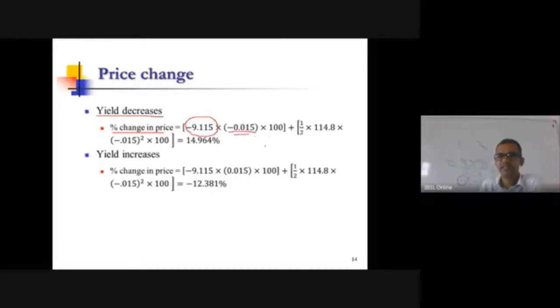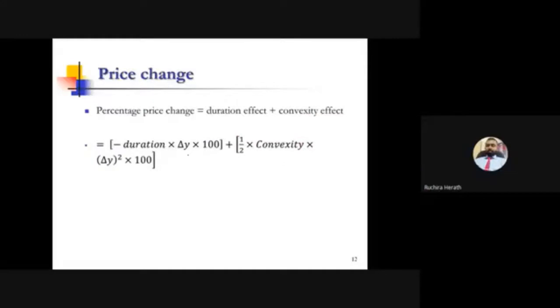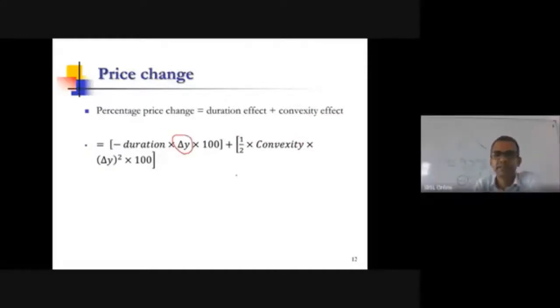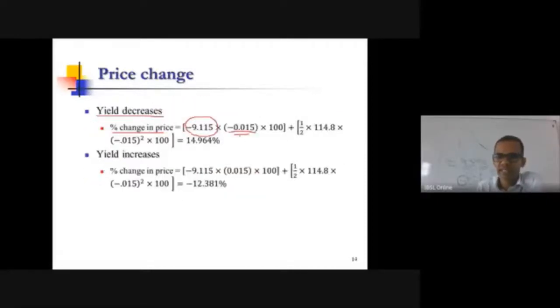The second term is delta y, the change in yield. When yield decreases, change in yield means new yield minus previous yield, so it is a negative figure. So we have to put this negative sign here.